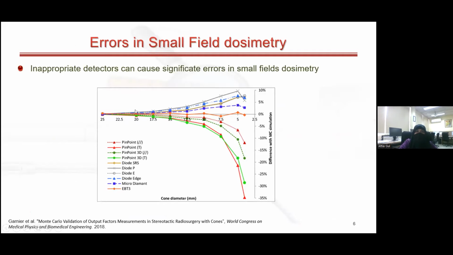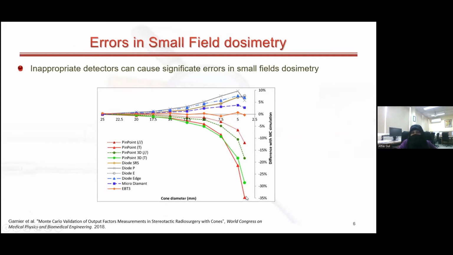Using inappropriate detectors in small fields can cause significant errors, as we can see in this figure. If we use pinpoint detectors in the radial direction, we can have an error of up to 35% in the smallest field size, about 4 mm.